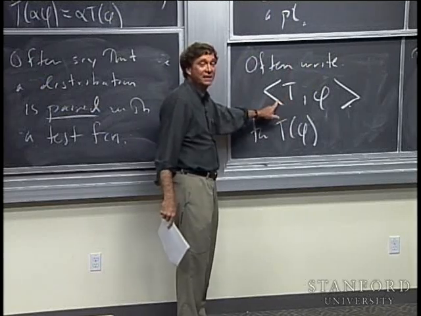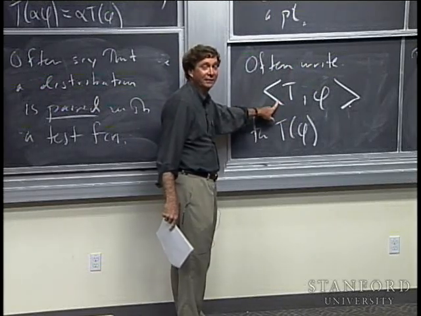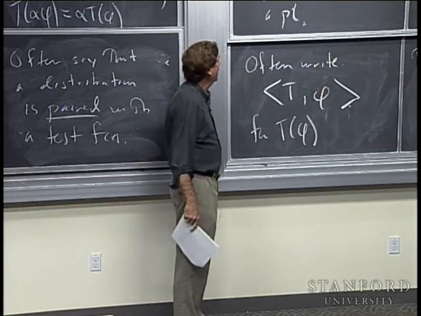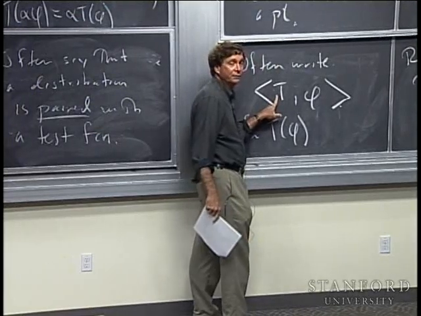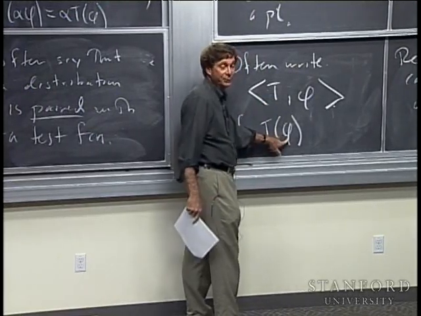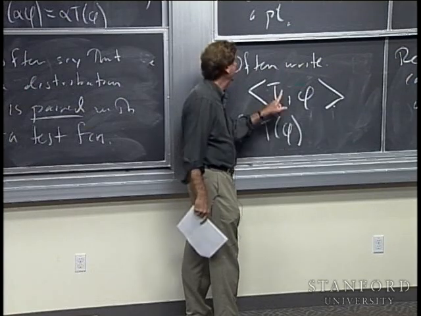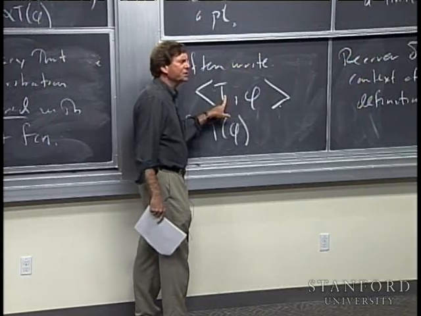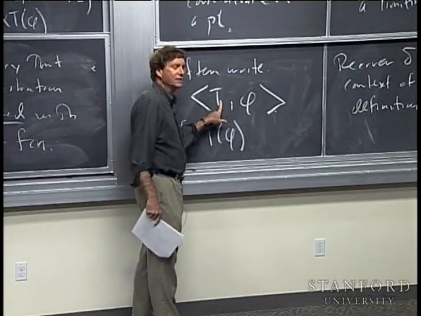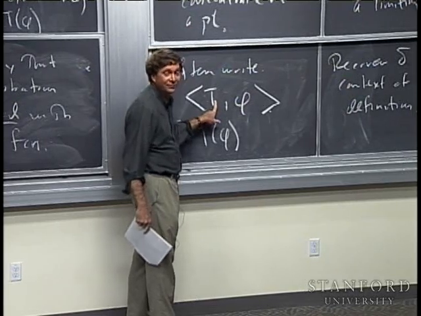Okay, this is a common notion of pairing. That is, phi is a given test function. T operates on the function phi. So instead of writing T operating on phi, which is sort of a functional notation, you often write this notation as an alternative. And it's very common. You also see this in physics when they talk about bra vectors and ket vectors. A bra vector operates on a ket vector.